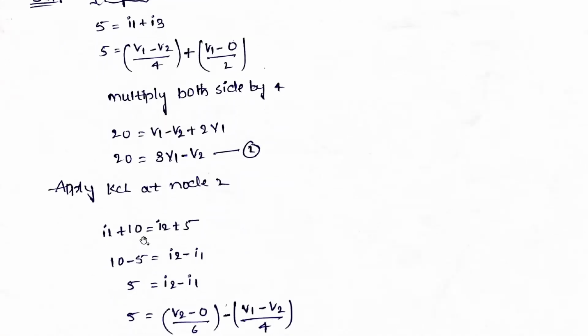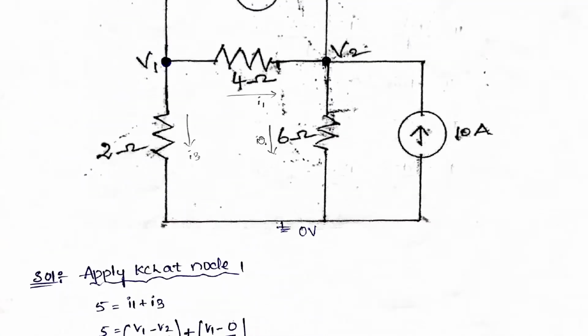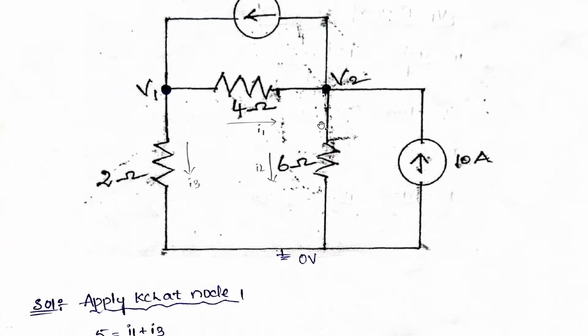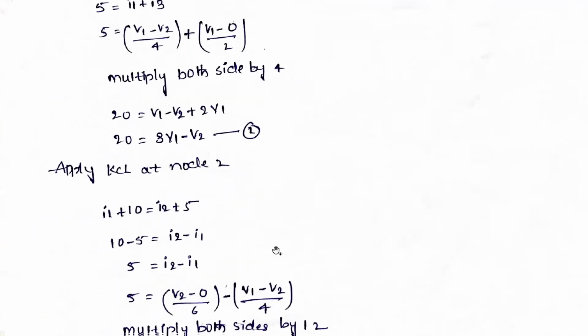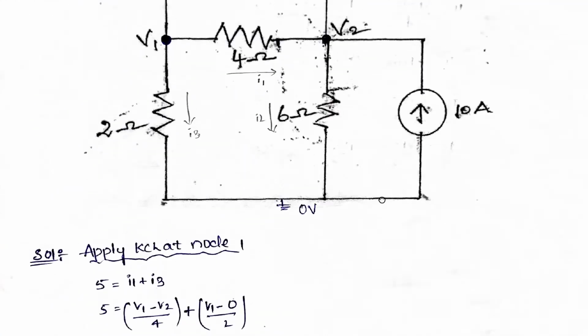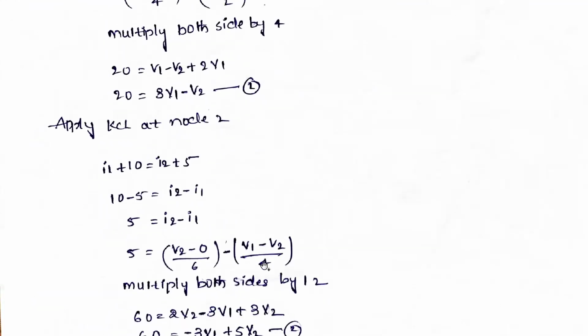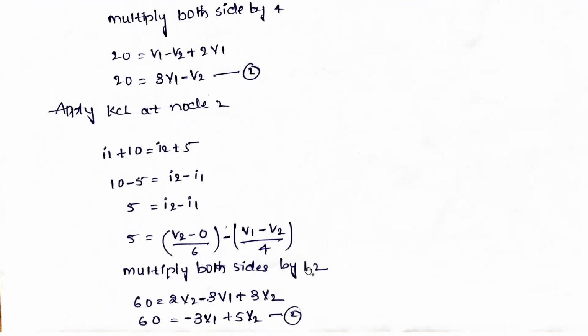Now first we'll simplify: 10 minus 5 is equal to I2 minus I1. What is I2? I2 is (V2 minus 0) divided by 6, minus I1, which is (V1 minus V2) divided by 4. The common multiple of 6 and 4 is 12.